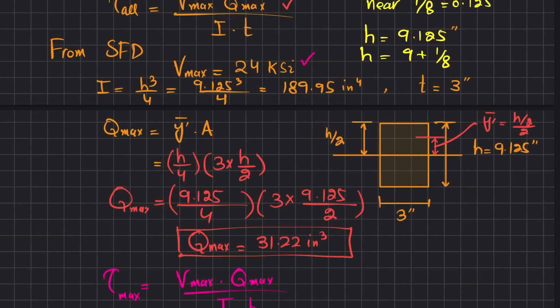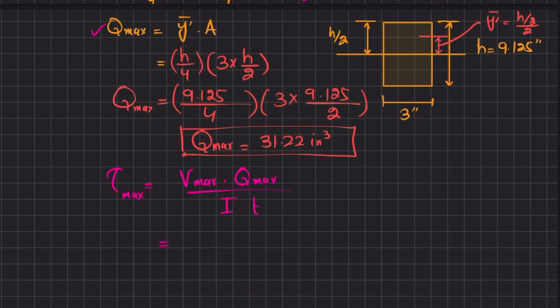This is I and this is Q and this is T. So V max is 24 ksi, and Q max is 31.22 divided by I, which is 189.95, and thickness is 3. So when you calculate it, you will get maximum shearing stress comes out to be 1.315 ksi.